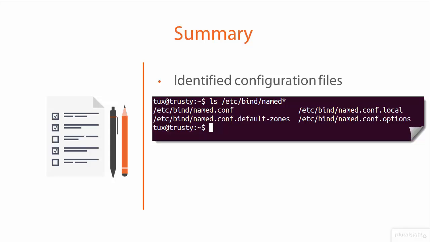But when we start looking at other distributions, they may be just directly under /etc or even underneath the named directory. But remember that we can use either the rpm command or the dpkg command to list everything that was included in the package that we used to install the DNS server in the first place.